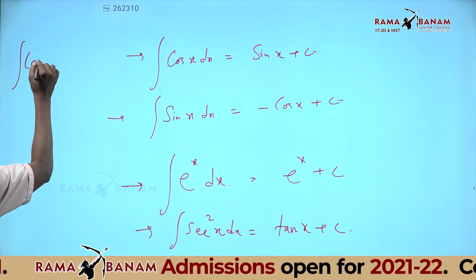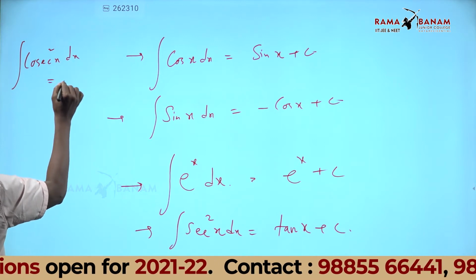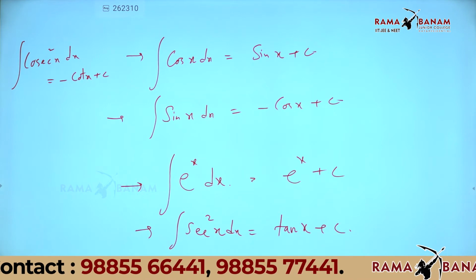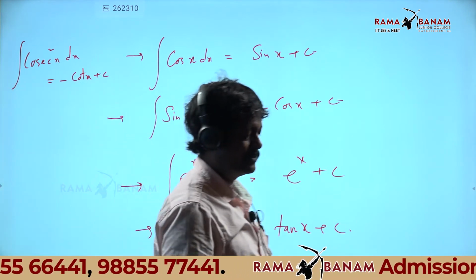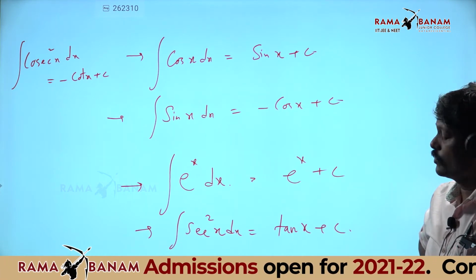Integral cosecant square x dx is minus cot x plus c. Write down that.